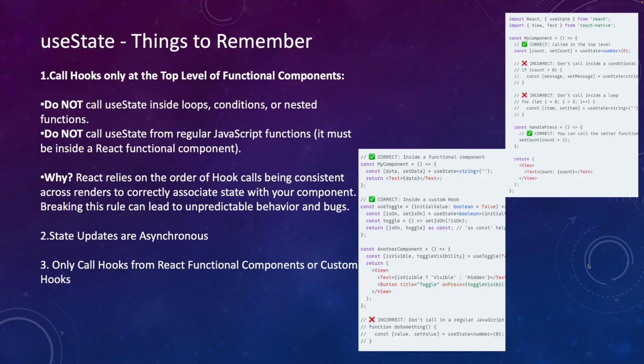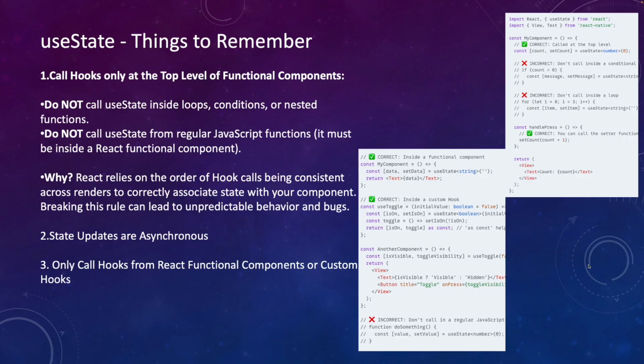So it is important to follow these rules to have good state management inside your components. And of course, the second one is that updates are asynchronous, so you can't expect an immediate change. Of course, it happens right away, it's not like split seconds, but it takes a little time. That's why it's called asynchronous. So state updates are asynchronous. Only call hooks from React Native function components or custom hooks.